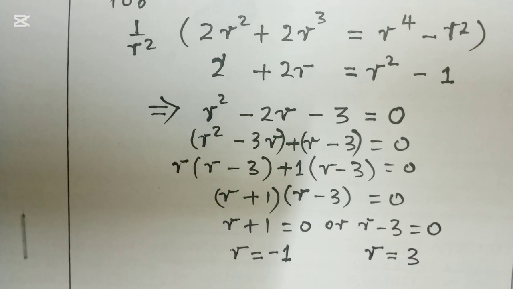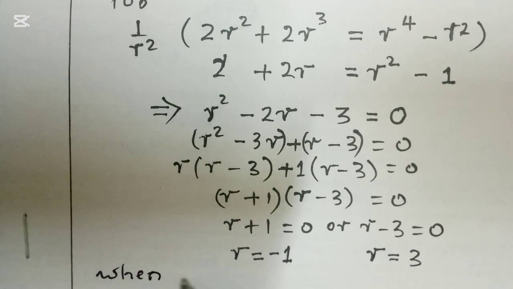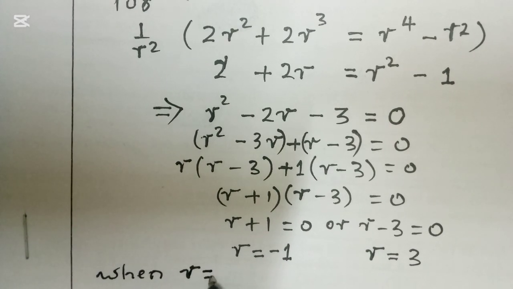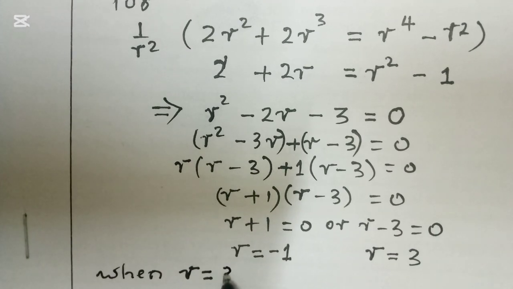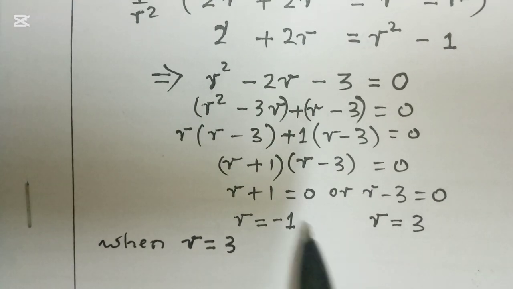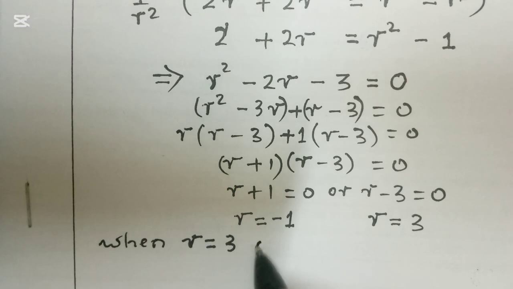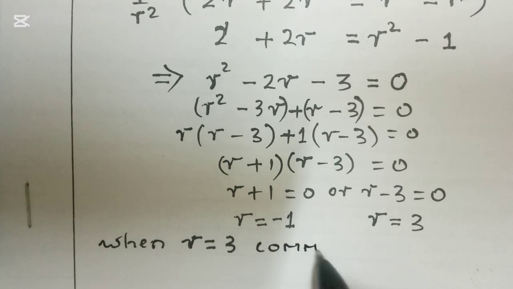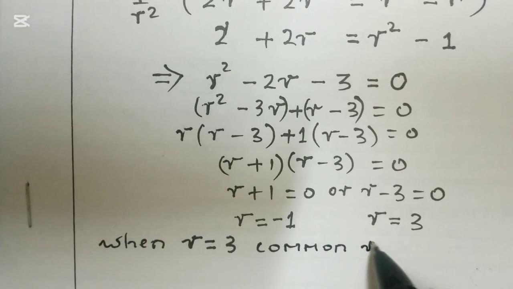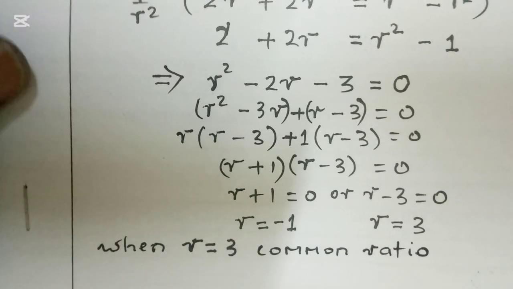So guys, from there, we can say when r is equal to 3, then we have the common ratio. Guys, we have been able to find the common ratio. The other question that we have been asked, guys, is this.